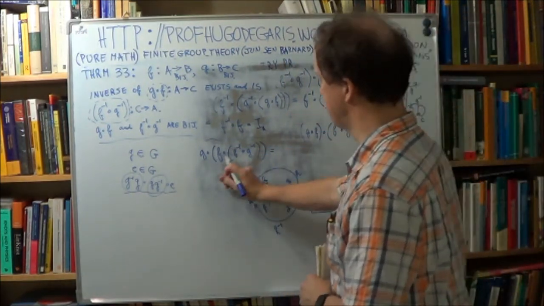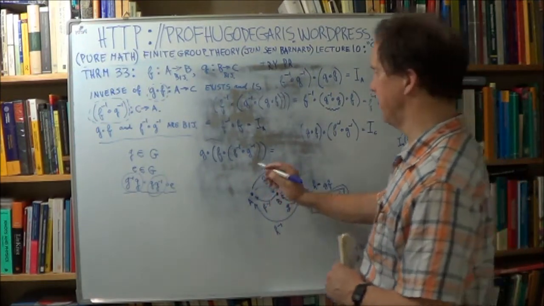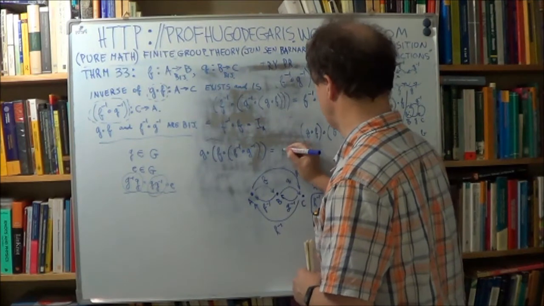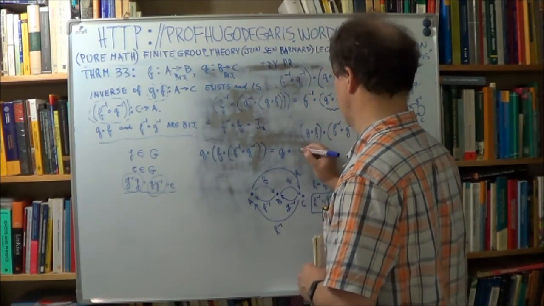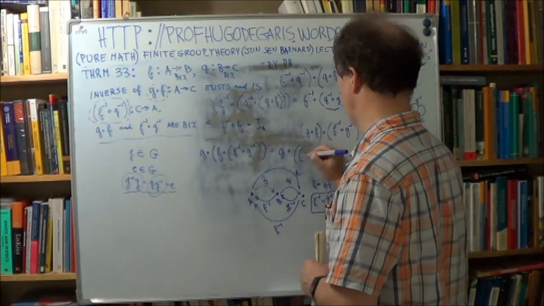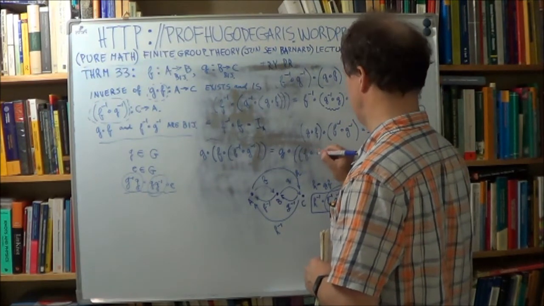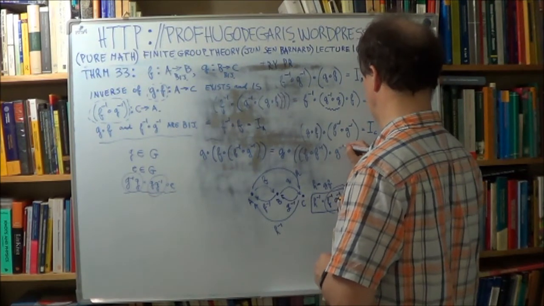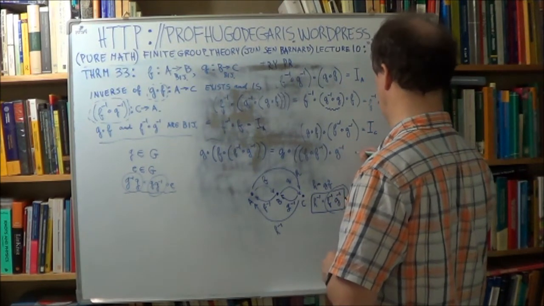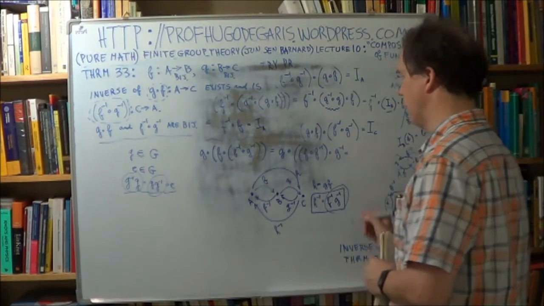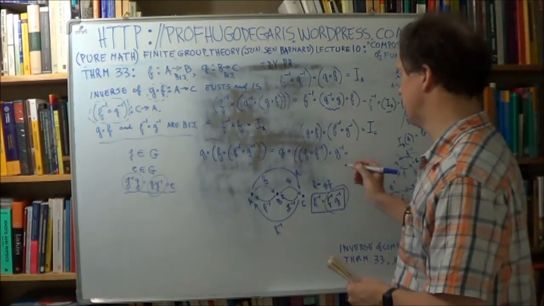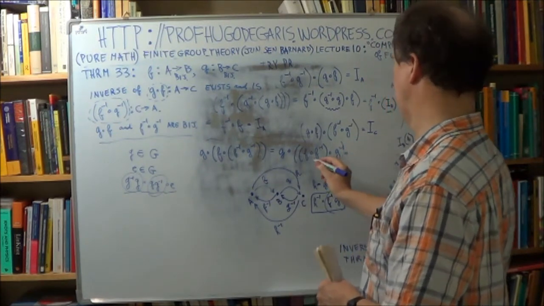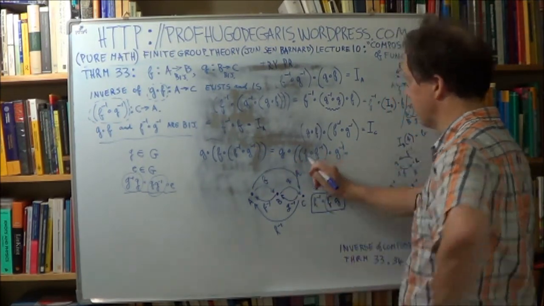Now these three are also associative, so we can change the brackets and rewrite that in the following form. Now, what's this?